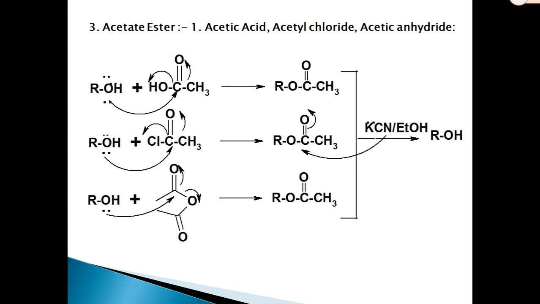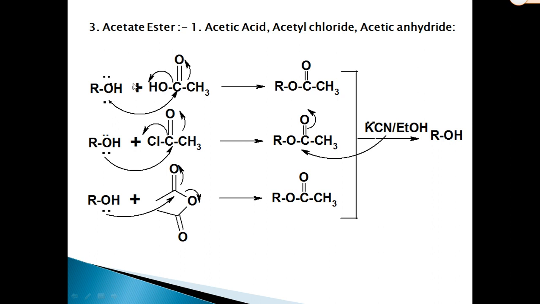Third example is the acetate ester as a protecting group. We can protect hydroxy group to form acetate ester by using these three reagents: first acetic acid, second acetyl chloride, and third acetic anhydride.